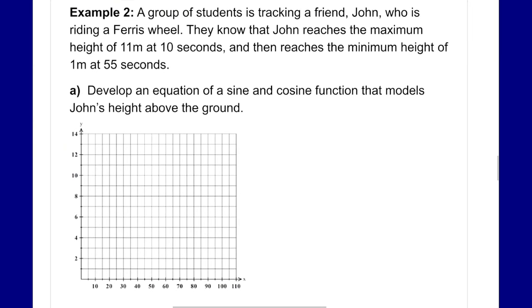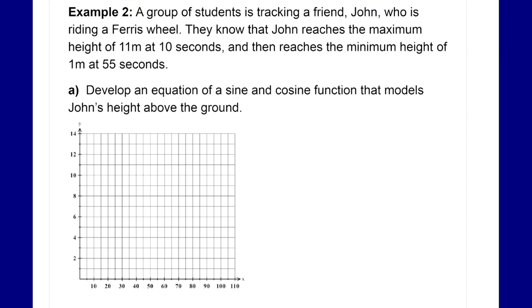So we know that John has a maximum height of 11 meters at 10 seconds. So I can graph that. And then a minimum height of 1 meter at 55 seconds, so down here.